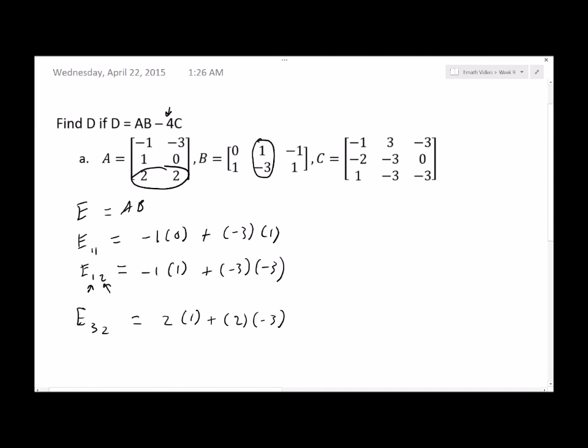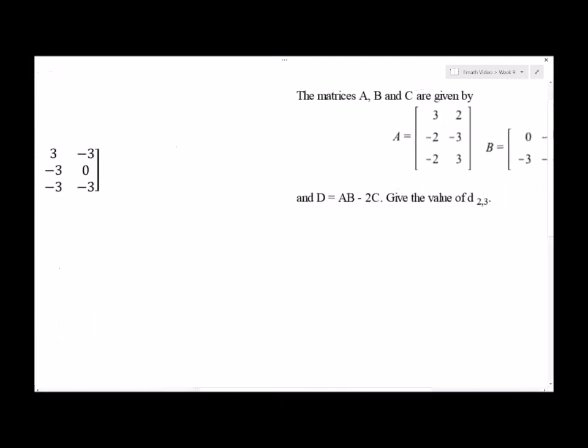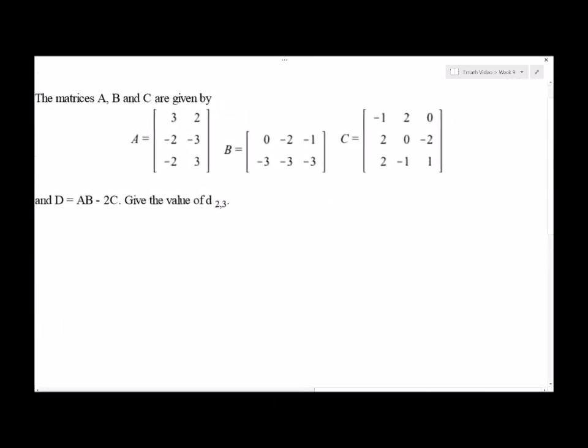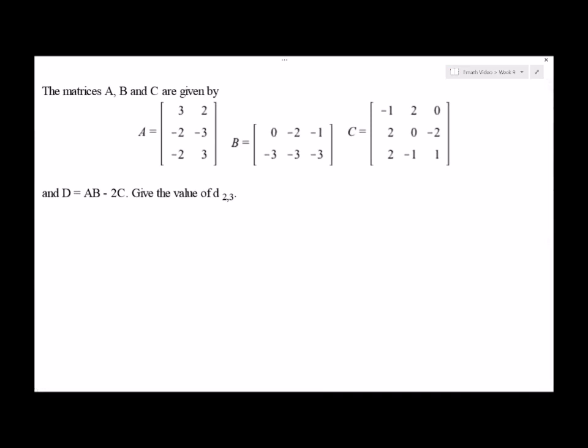Now on the test it's not expecting you to do all that work. So the question is going to be something more along the lines of this. The matrices A, B, and C are given. So the equation, kind of like we had before, D equals AB minus 2C.